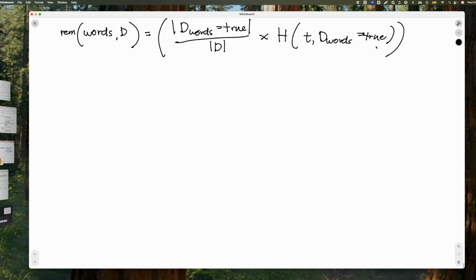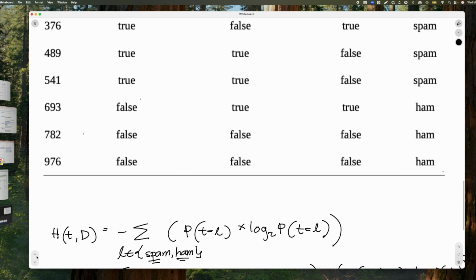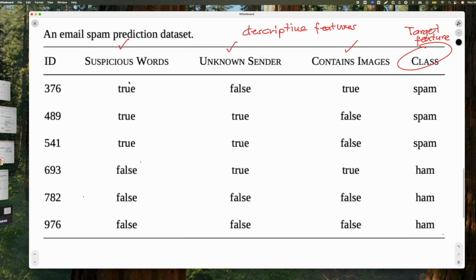So this will be longer because we will need to get the remainder. We should know that the remainder gives us a measure of information that remains required to organize the instances into pure sets after we have split them using a descriptive feature. So we have words, suspicious words, we get the remainder for this.